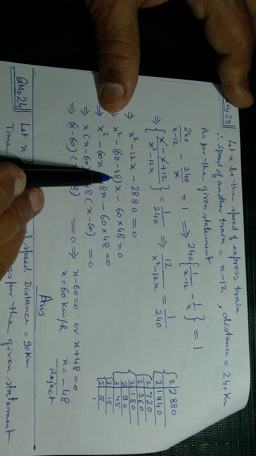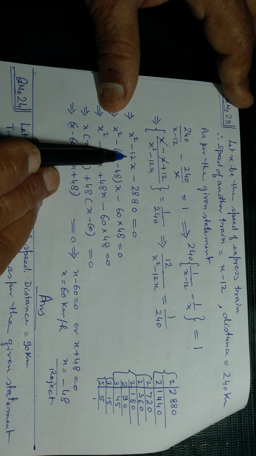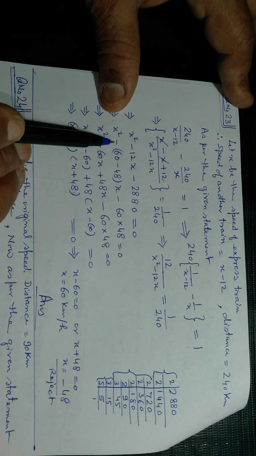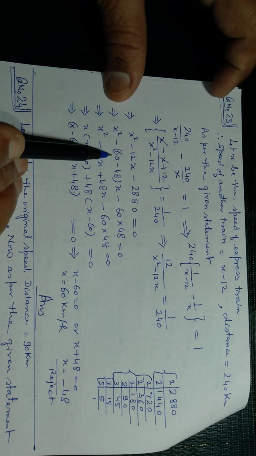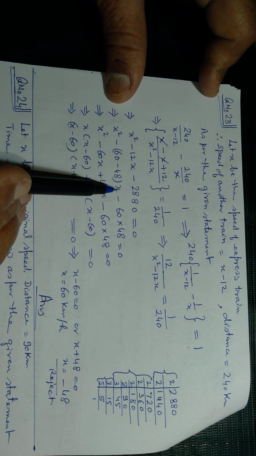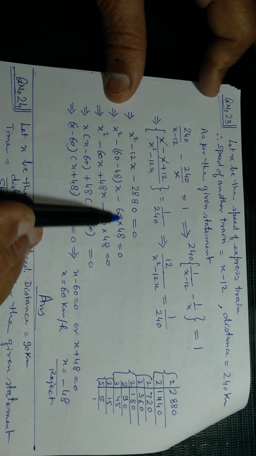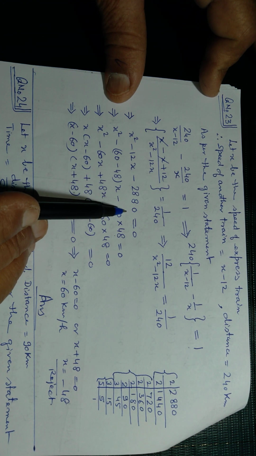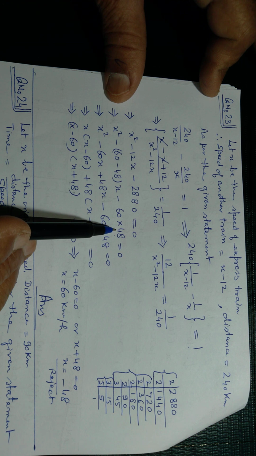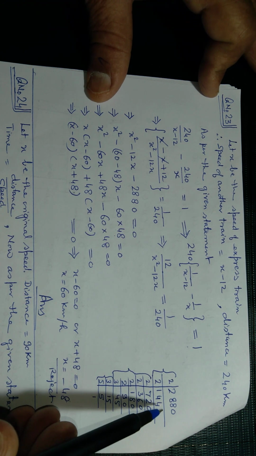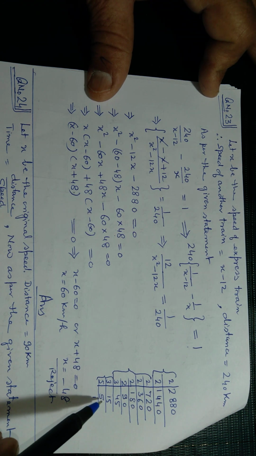Here 60 minus 48 we will get 12. So x square minus, inside the bracket write down 60 minus 48, bracket closed, x minus 60 into 48. In place of 2880 I have written 60 into 48. For detailed information you can consult this factorization.